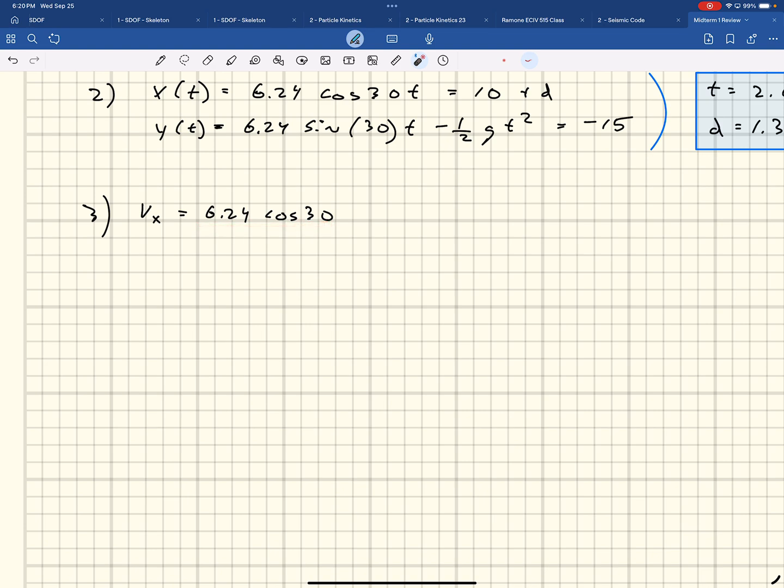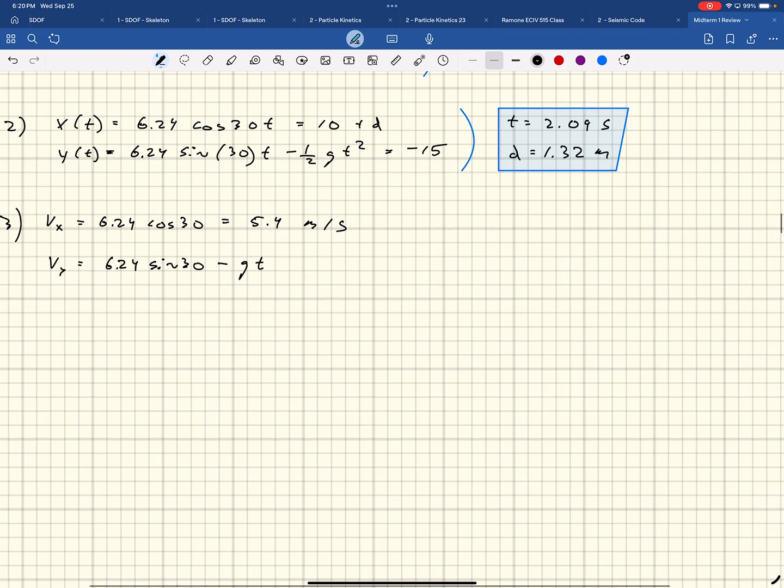There's no drag. We're ignoring drag. And so this would be 5.4 meters per second. And the velocity in the y would be 6.24 times sine of 30 minus g t. And so I need a t there. That t is going to be this one.